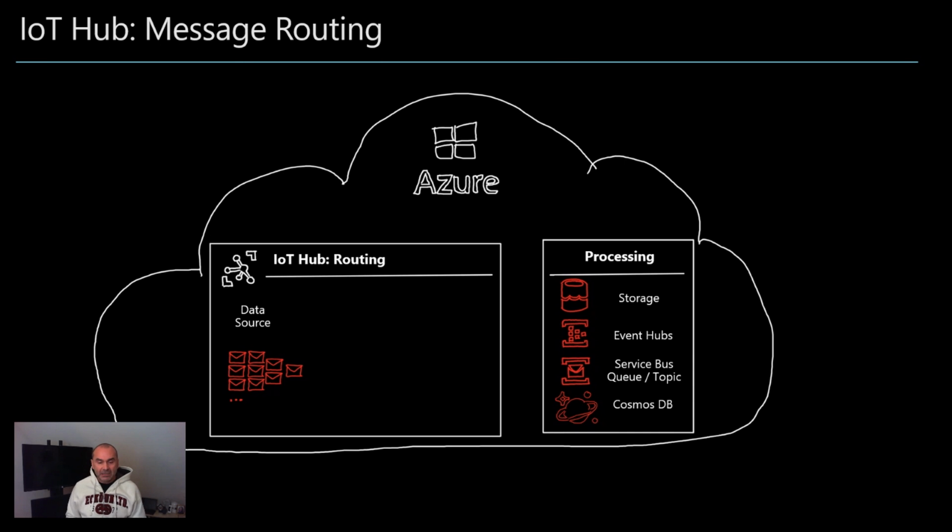So something like a device twin has been changed, or a device connection state event, something like, hey, device has connected or device has disconnected. Or if you're connected using the MQTT protocol, you also get MQTT broker events. And this information, this is what I have here in the slide as data sources. And this information now can be routed to the Azure services using the so-called endpoints.